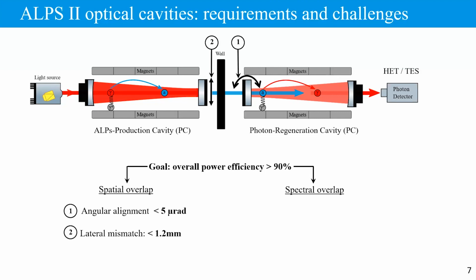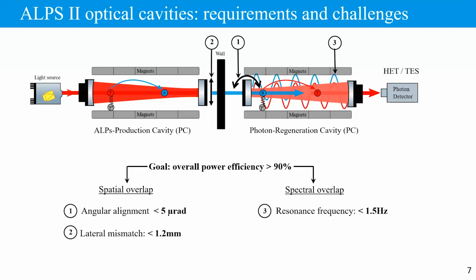And the other one is the lateral degree of freedom. So we have to laterally ensure that this field here overlaps with this one with a precision better than 1.2 millimeter. And this has already been demonstrated, so we are able to meet these requirements.